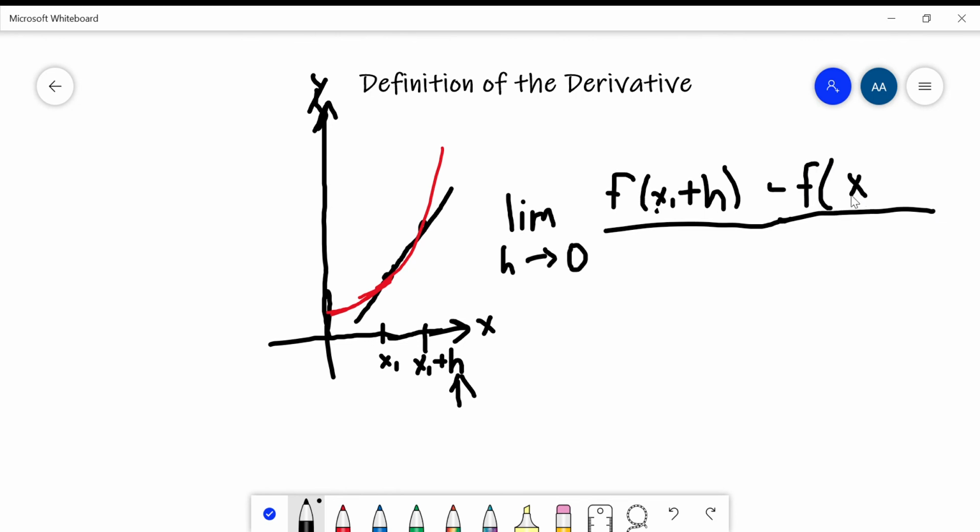We have x1 minus x1 plus h over x1. So that's what we get so far.